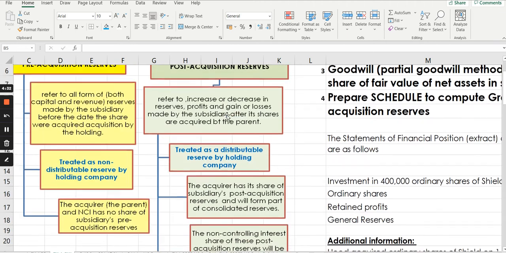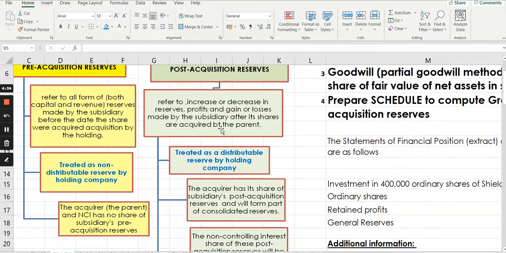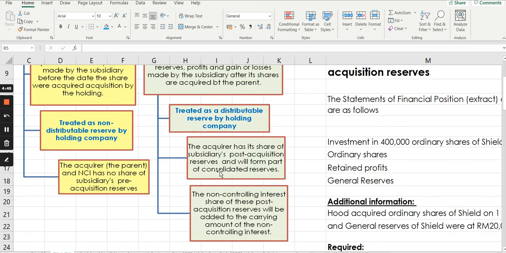The second one is the post-acquisition reserve. I have mentioned that it is the reserve made by the subsidiary after the date the shares were acquired by the parent. So this is a distributable reserve. We need to look later at how much is the share of this reserve, either general reserve, retained profit or revaluation reserve, belonging to the acquirer or the parent, which will form part of the consolidated reserve.